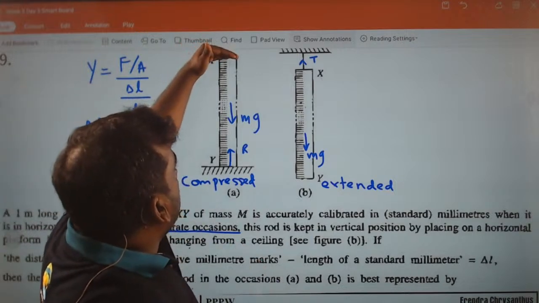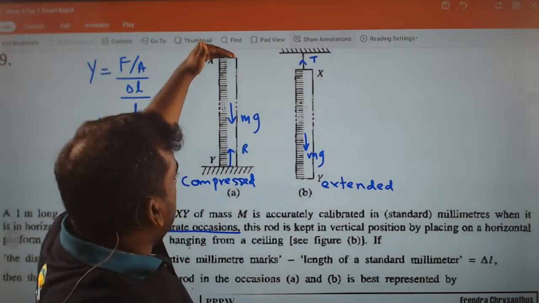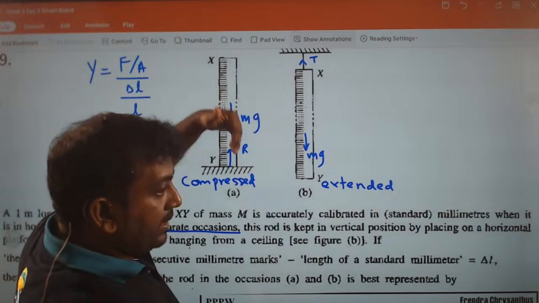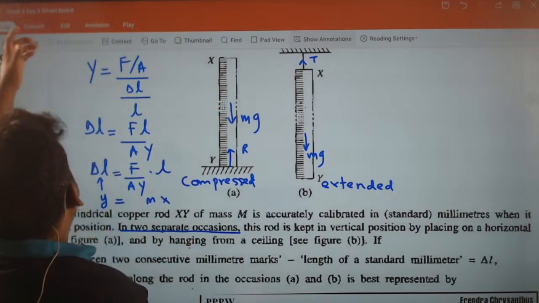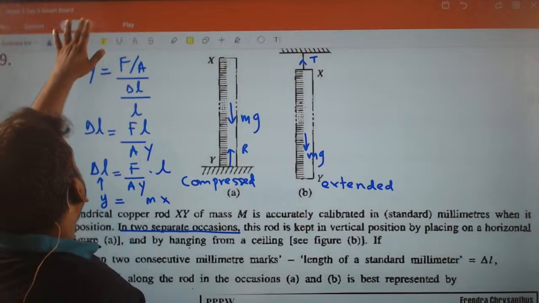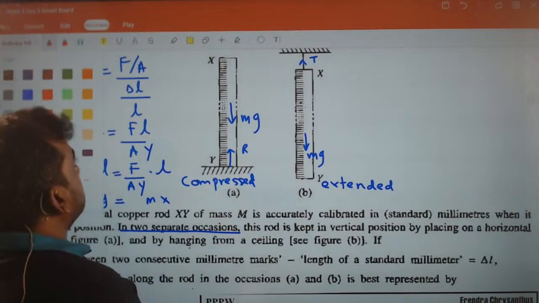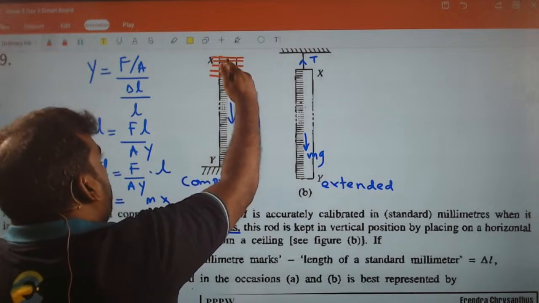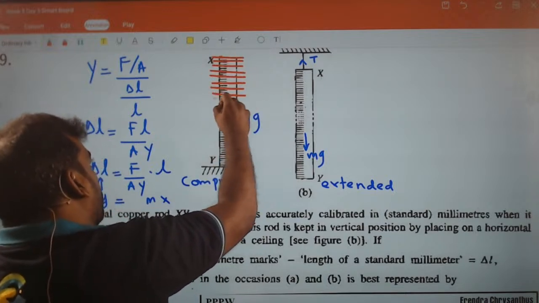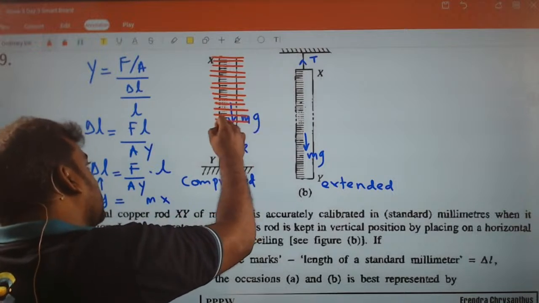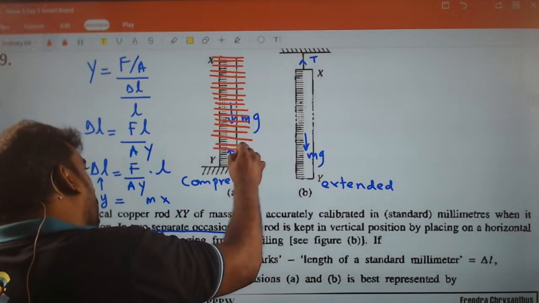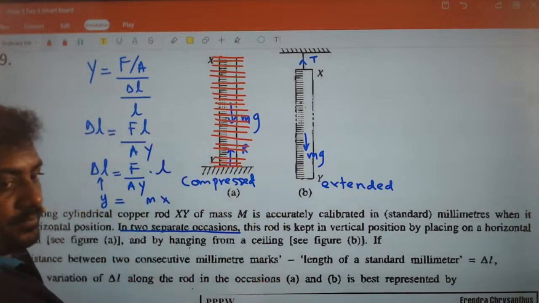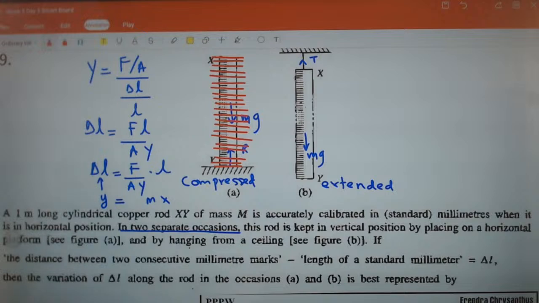Here, as you keep coming down, the load increases. If I am logically thinking this, you can break this into small masses. I am putting more weight on top of each other. When I put more weight on top of each other, as I keep going downwards, the load increases so much, this will compress even more. Clear? It will compress even more.